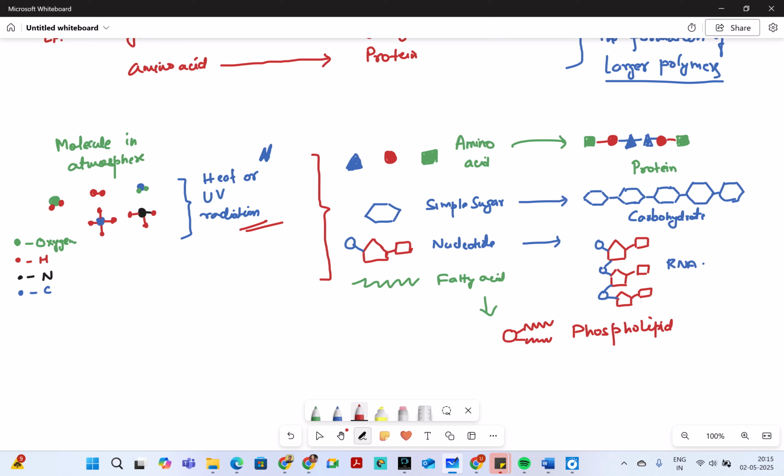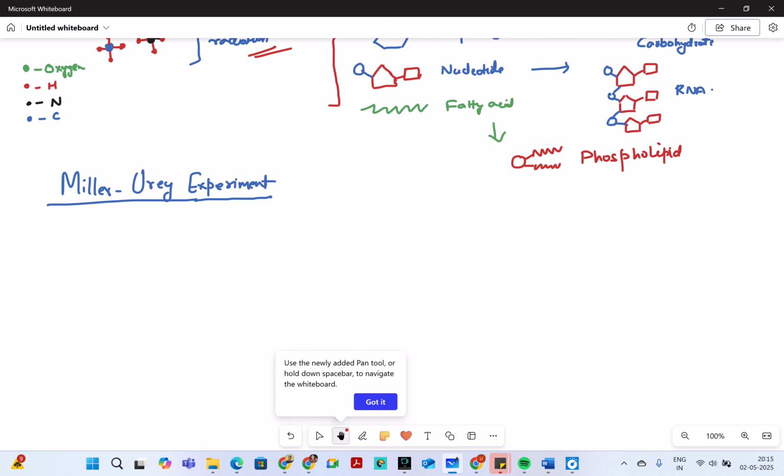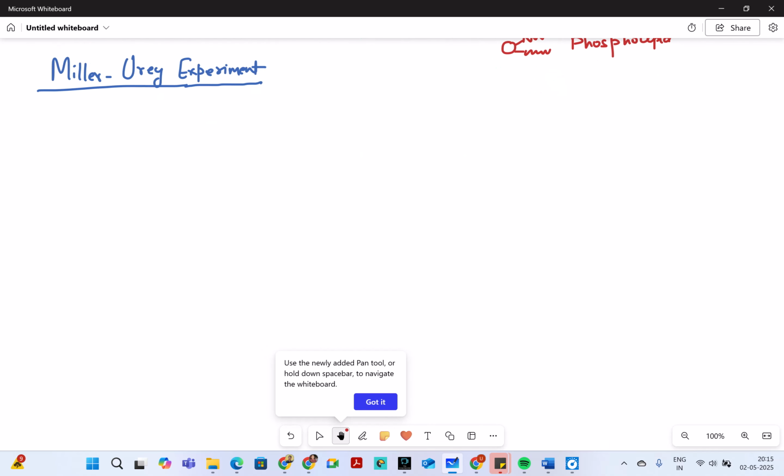So there was a scientist whose name is Miller and Urey. They have done an experiment, right? They have done an experiment. This experiment actually talks about how these scientists have done the experiment, right?